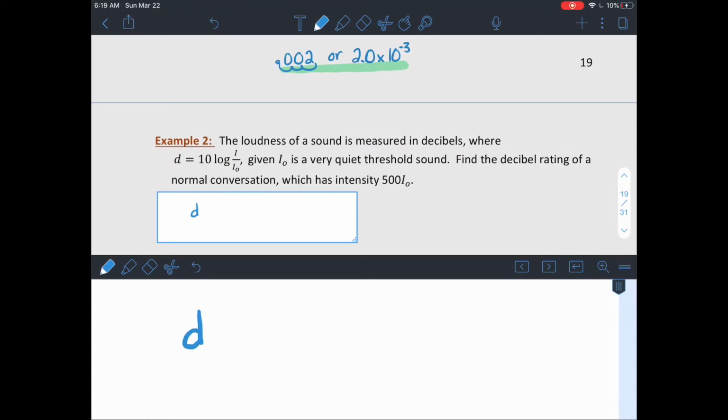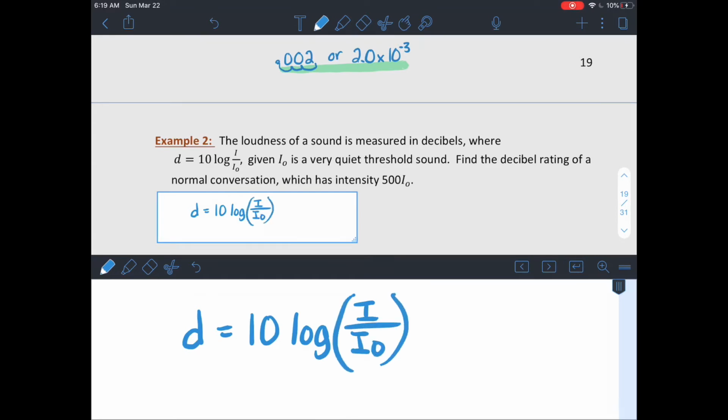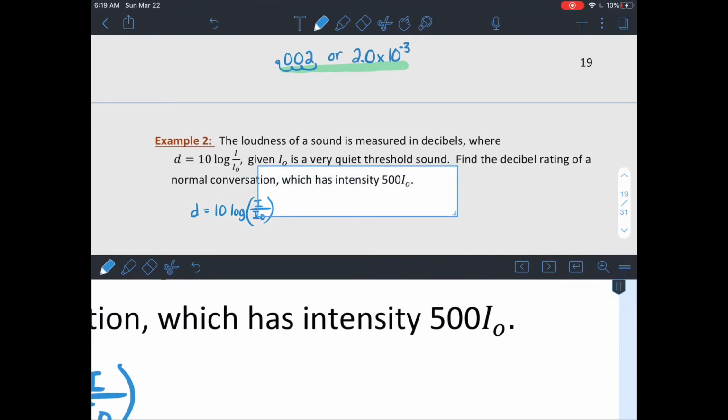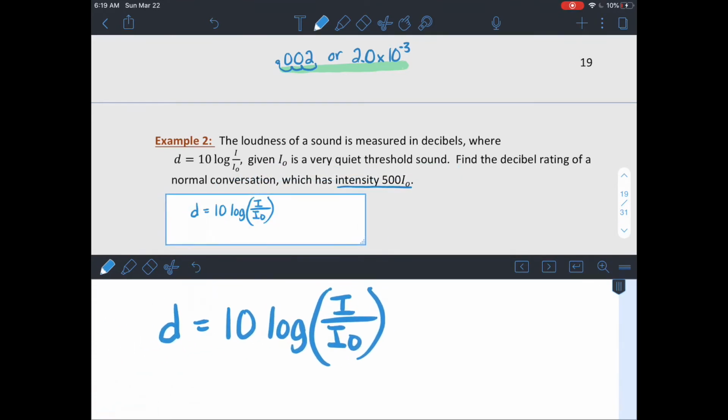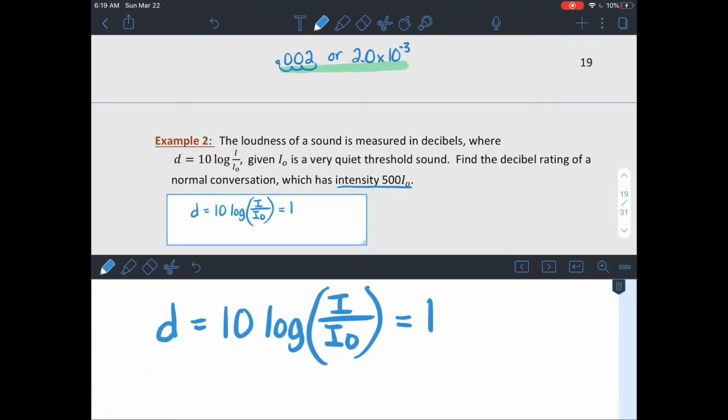We're going to look at one more involving sound. So you can measure sound in decibels using the formula that's up there, where I is basically the intensity of the sound you're interested in finding the decibel level of, and it's based on this unit factor of I sub 0.